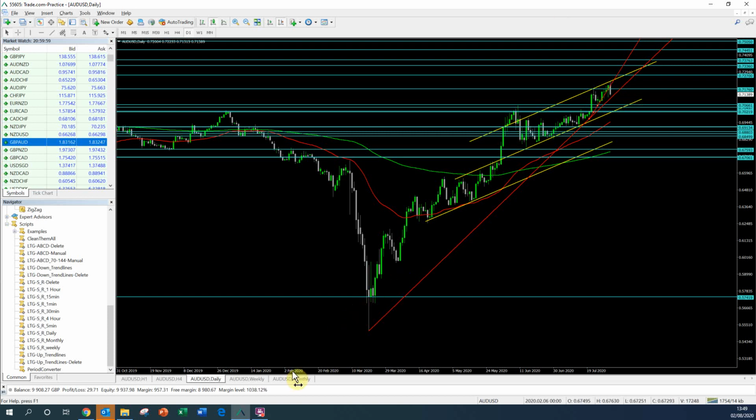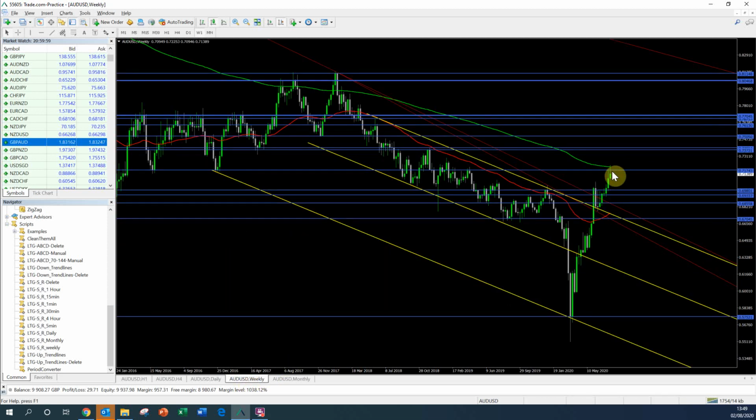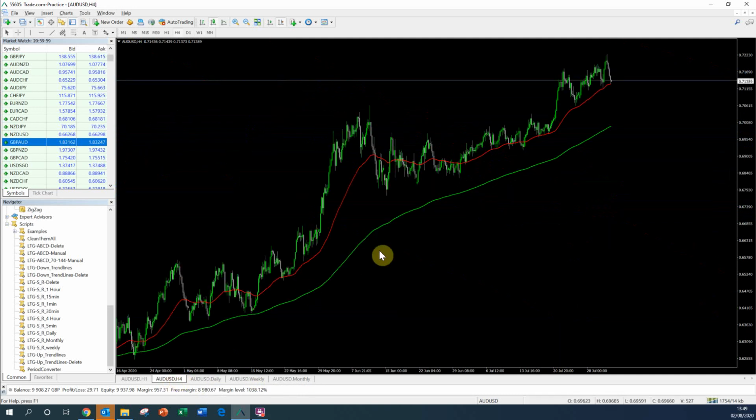And what we're looking at on especially the monthly and also the weekly is quite strong rejections off of the moving averages, which can potentially lead to us going down and having a weak Aussie dollar for this upcoming week and weeks to come.